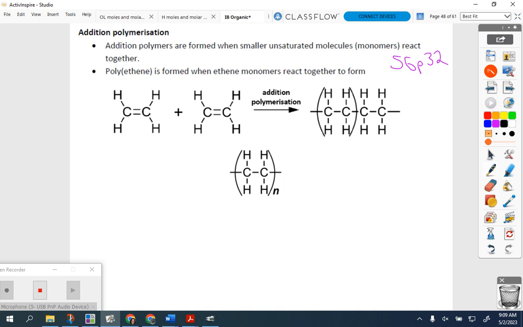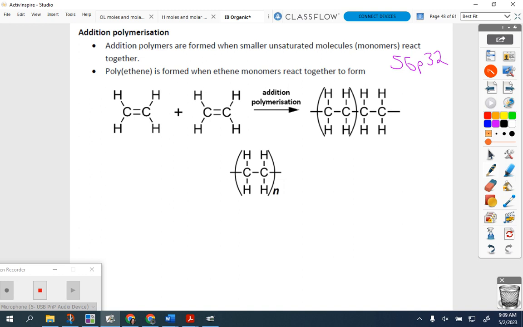What's going to happen is the double bonds are going to break, and we're going to end up with single bonds between each monomer and the next two carbon monomer over.